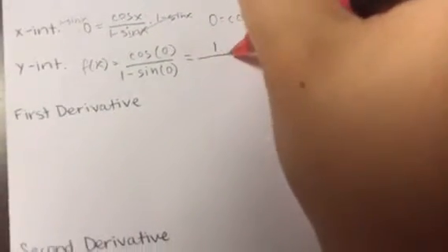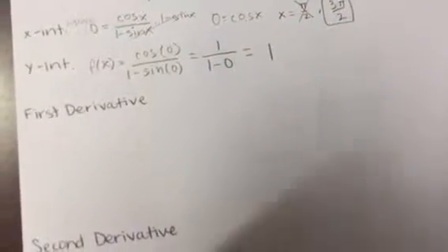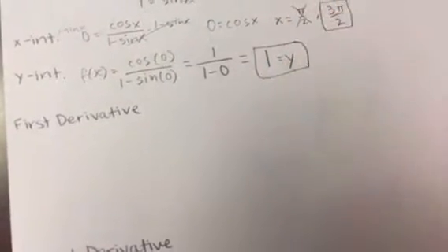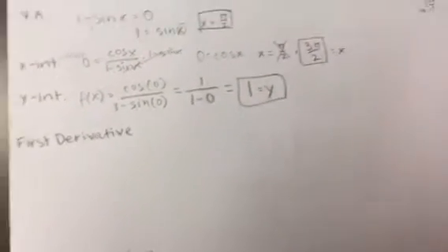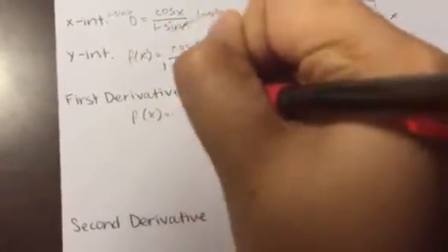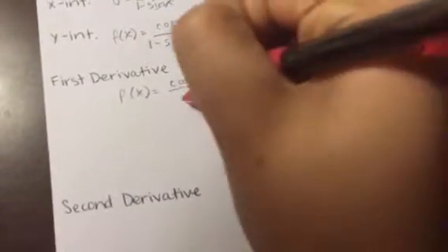When you do cos of 0, you get 1, and then 1 minus sine of 0, which is 1 minus 0, equals 1. So our y-intercept is 1.